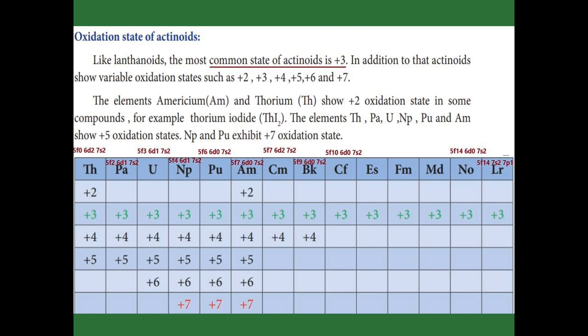In neptunium, along with +3, there are +4, +5, +6, +7. Up to americium we have the same, up to +7. After that, in curium and berkelium, the common oxidation number is +3, along with +4. Then afterward only the common oxidation number is found.